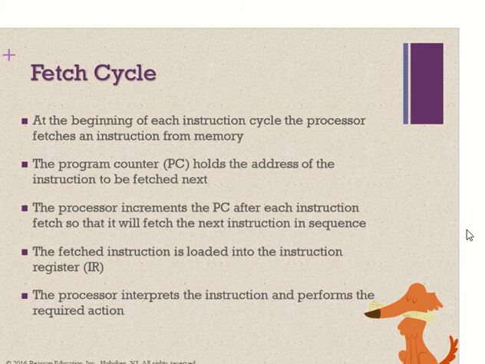So based on the PC, it fetches the instruction from memory, then the PC will be changed. I fetched one instruction already. So PC will be incremented so that next time the CPU will fetch the next instruction. So remember, PC holds the address of the instruction to be fetched next.